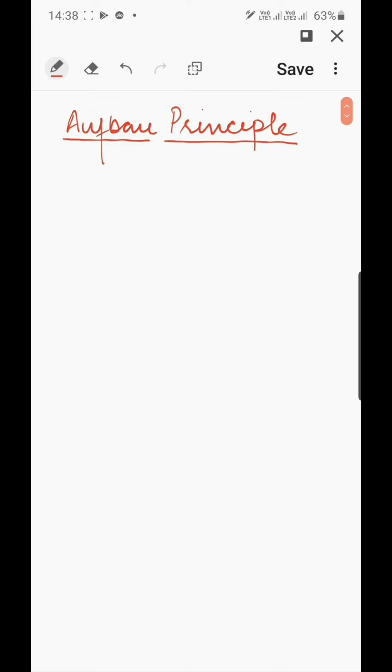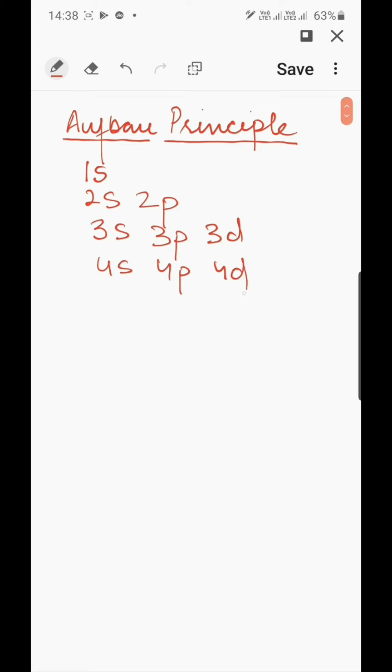Take a look. Suppose these are the subshells, that is 1s, 2s, 2p. In the third shell there are 3s, 3p, 3d. Next 4s, 4p, 4d, 4f, 5s, 5p, 5f, 6p, and so on.